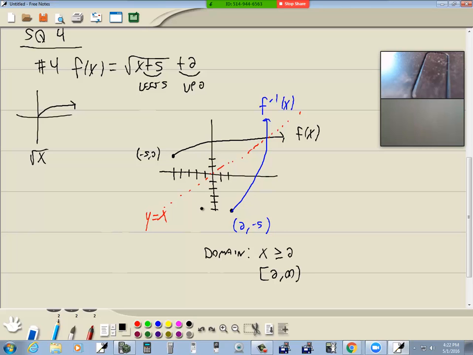It's mainly because of the picture. Like if you look at this right here, you see that the blue, your inverse, does not exist anywhere over here. It doesn't start until x equals 2. That's why we know it's x is greater than or equal to 2.